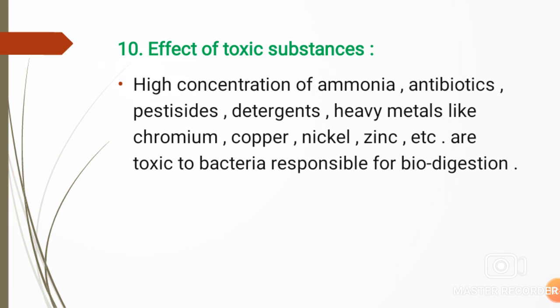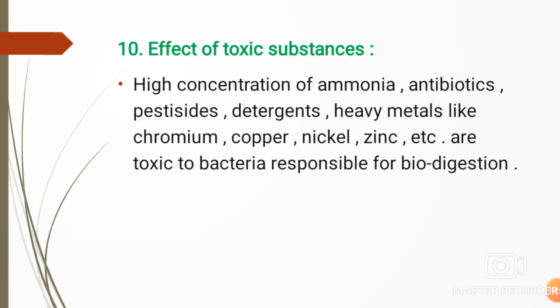As we mentioned, there is a variety of toxic substances: a high concentration of ammonia, antibiotics from the medical field, pesticides from the agricultural field, detergents from household use, heavy metals like chromium, copper, nickel, zinc from different industrial areas.